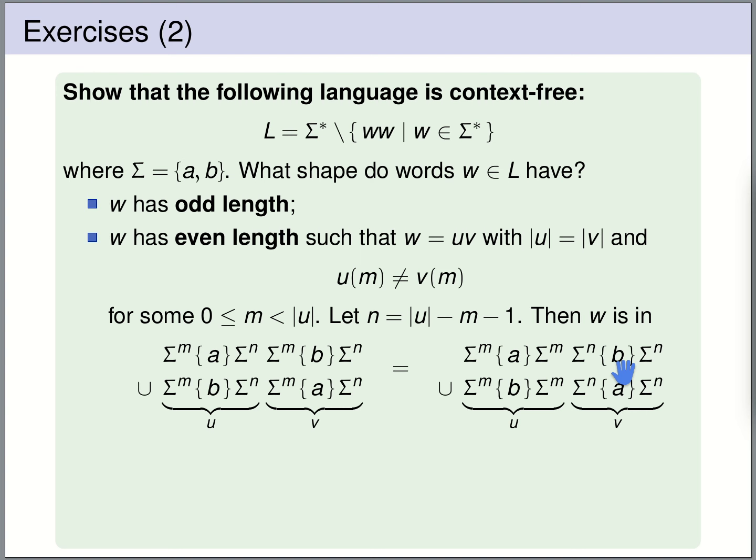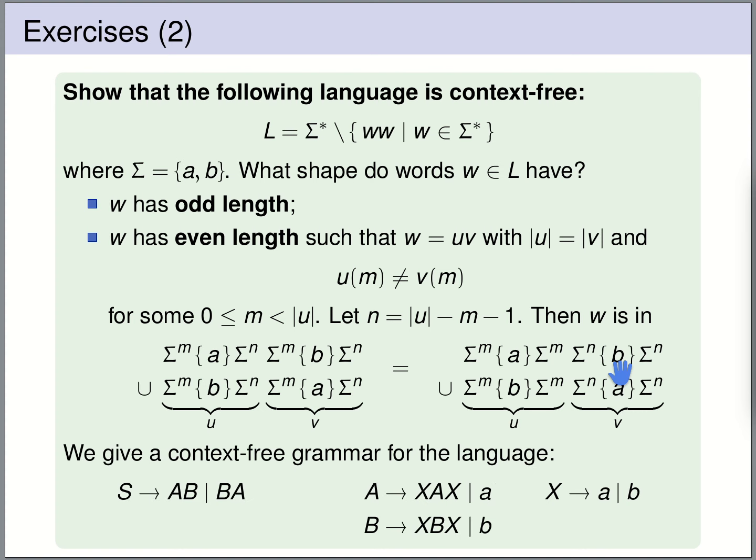And here we have a b in the middle and n arbitrary letters before and after the b. So this we can generate by a context-free grammar. We can generate words that have an a in the middle and arbitrary letters left and right. And the same we can do with b. We can give a context-free grammar that generates words that have a b in the middle and arbitrary letters left and right. So let's try this.